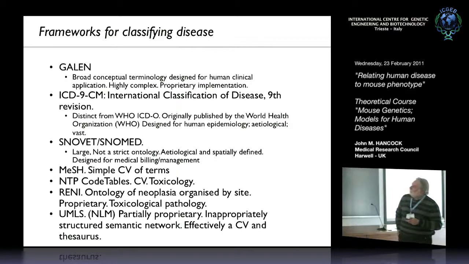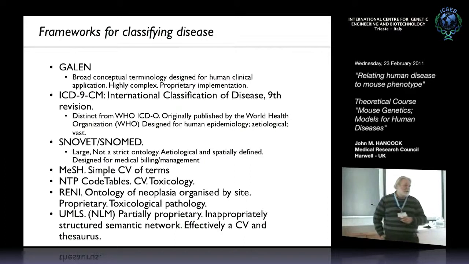So we have Galen, which is actually, I think, an ontology, which is designed for human clinical application, but it is very complex and it's licensed, which means that not everybody can use it, which is a bad thing as far as we're concerned. We have ICD-9, and in fact there's a follow-up, ICD-10, which is the International Classification of Disease.